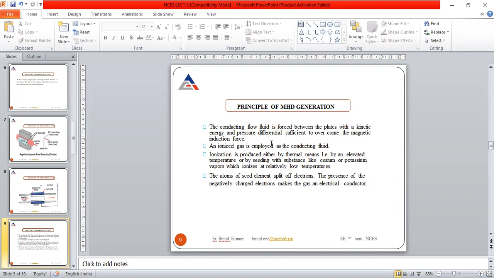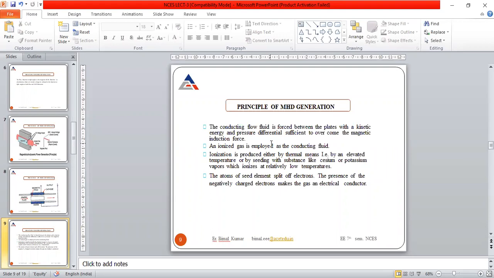So this conducting fluid is forced between the plates with the kinetic energy and pressure differential sufficient to overcome the magnetic induction force, right?